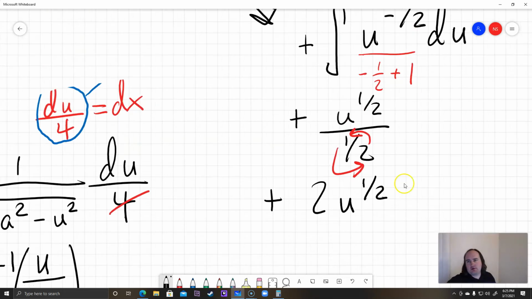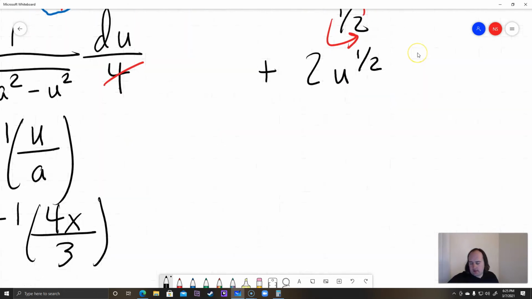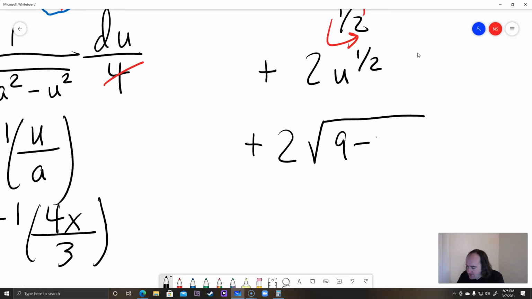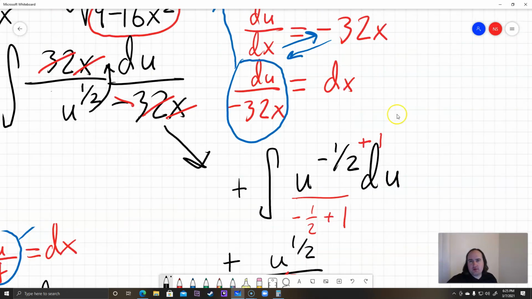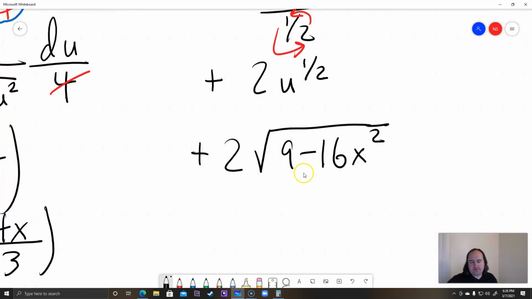And then our u for the second integral, we said was actually 9 minus 16x squared. So we have plus 2 times square root of 9 minus 16x squared. Okay, so I went ahead and replaced that 1/2 power with a square root, and I plugged in for u.